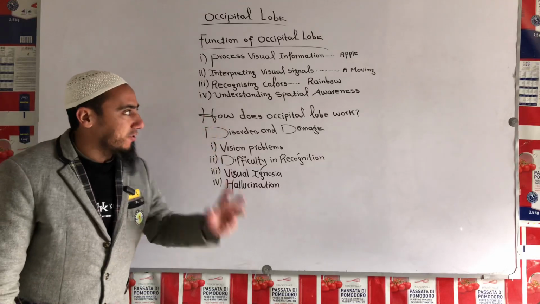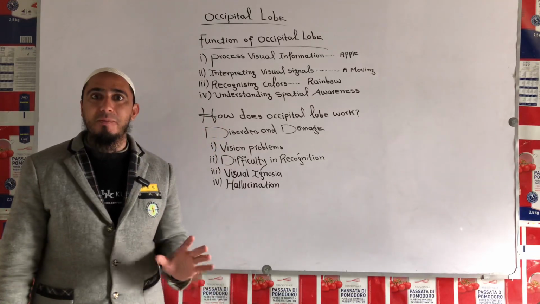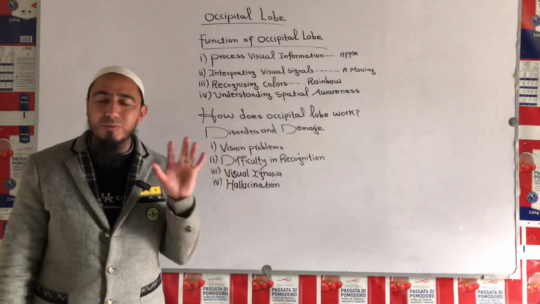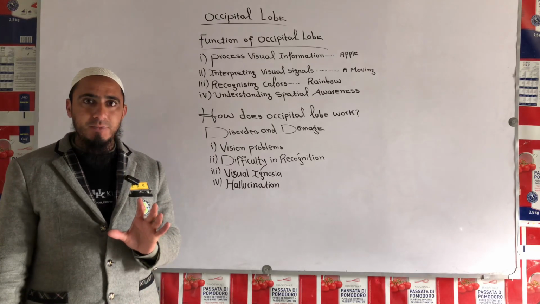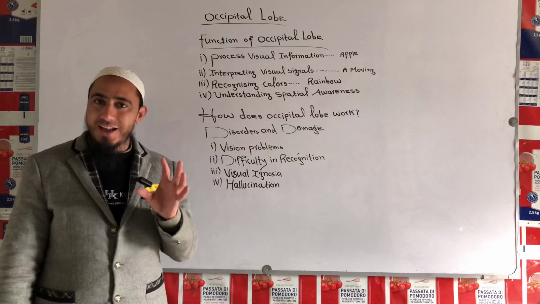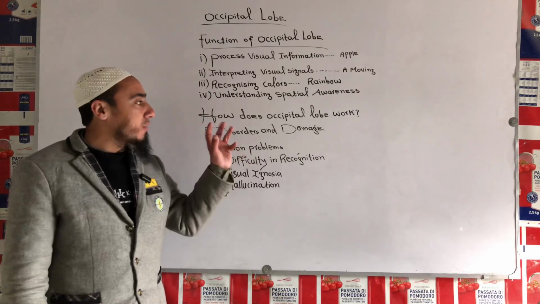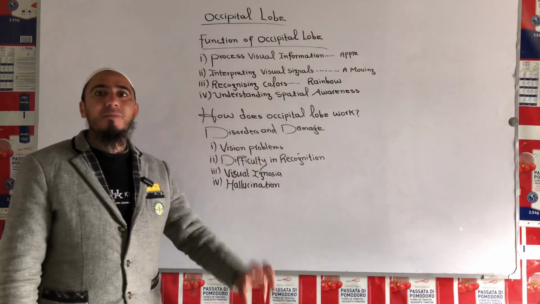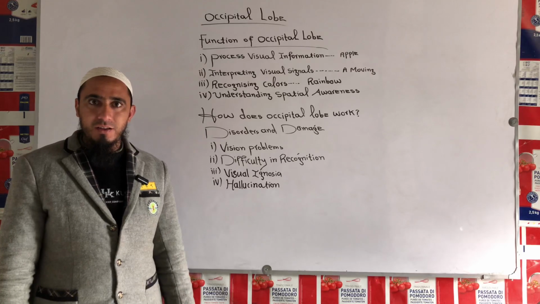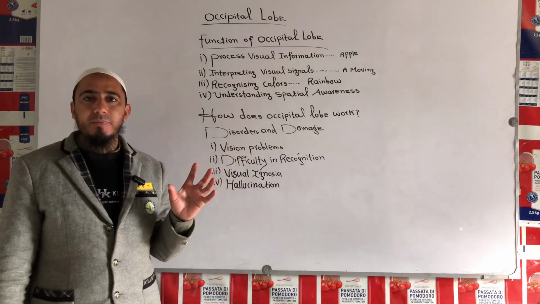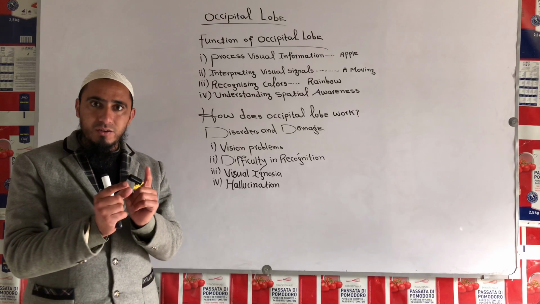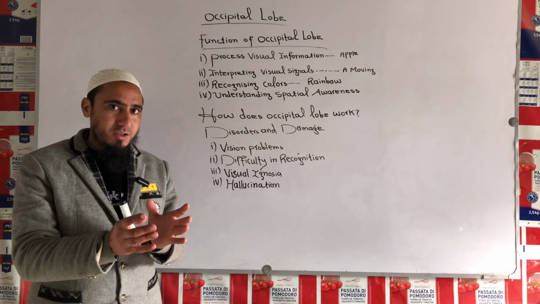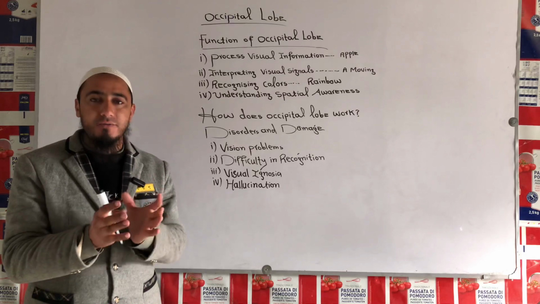Coming to how the occipital lobe works. Remember, the occipital lobe does not work separately. It has coordination, cooperation and support with other parts of the brain in order to work properly. For example, first of all, it is connected with our eyes through optic nerves.